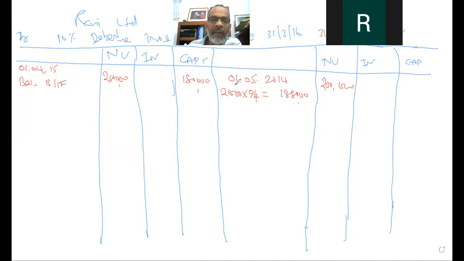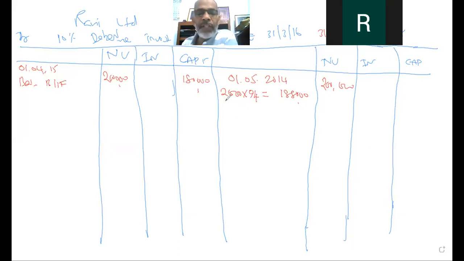Ravi Limited sold on 1st May. When you calculate the interest, if you are using the cum method, whether it is purchase or sales, you have to find out the period for the seller or old owner. If you are selling or purchasing on ex-dividend basis, we have to find out the period for the purchaser or new owner.